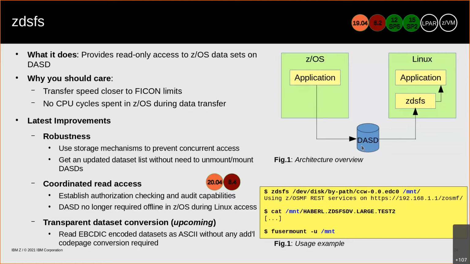In a lot of cases, customers were forced to set up an FTP server on z/OS and connect to it from Linux. That means you're sending all the data from the storage device over z/OS to Linux over a networking device, which burns a lot of cycles. And that costs you CPU cycles, which is also costing you in a monetary way.